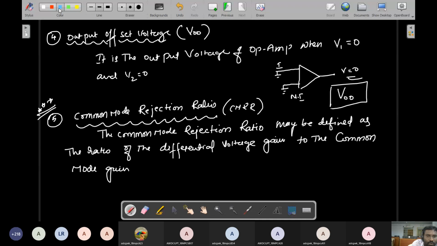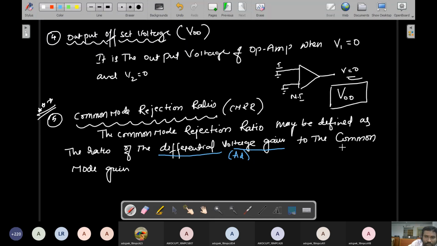So what is differential voltage gain? That is denoted by capital AD. Capital A indicates gain and the suffix D indicates differential. So differential voltage gain is represented by AD.